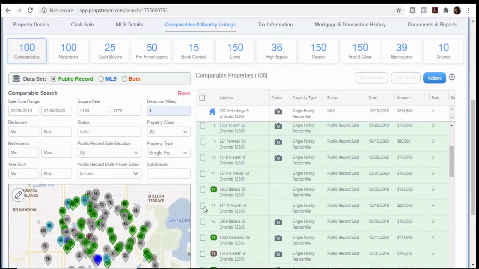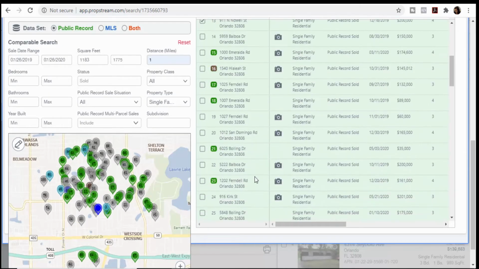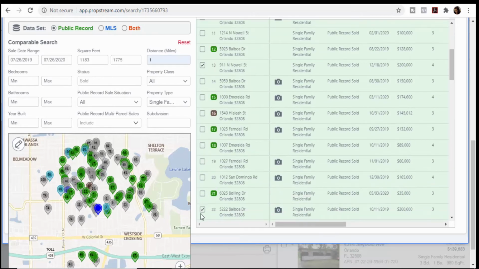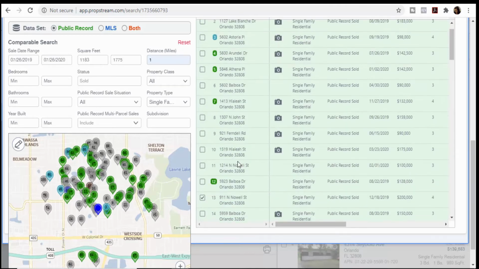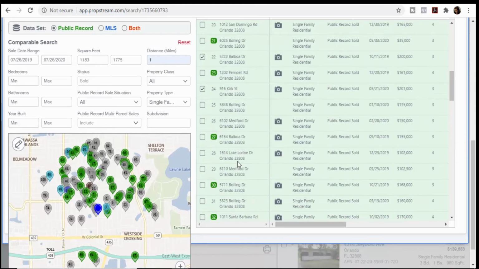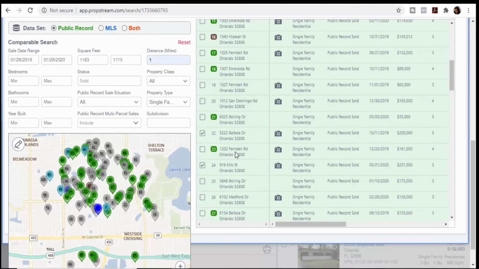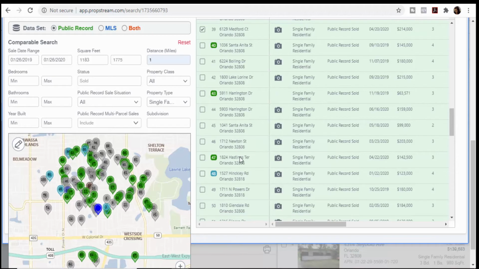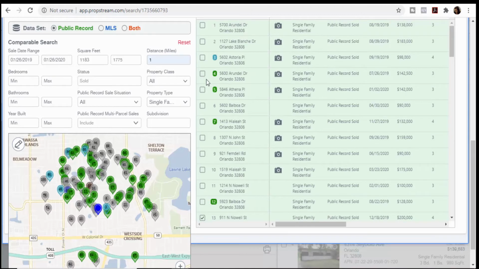Here we have one for 200. Another for 200. $201. $214. There's one at $215.